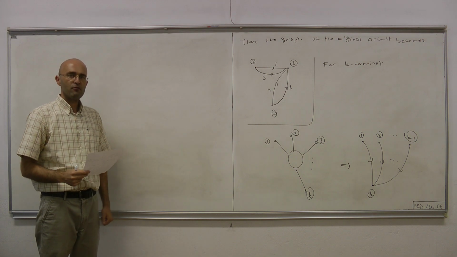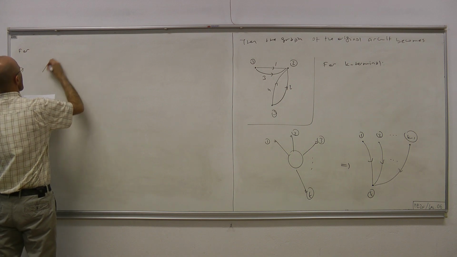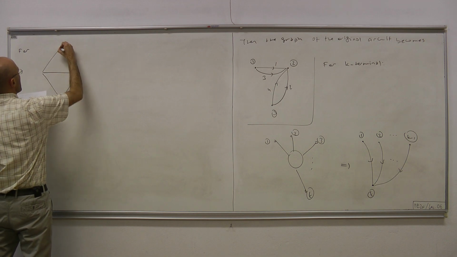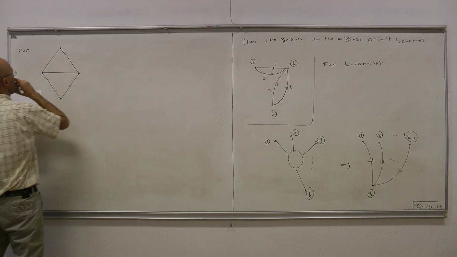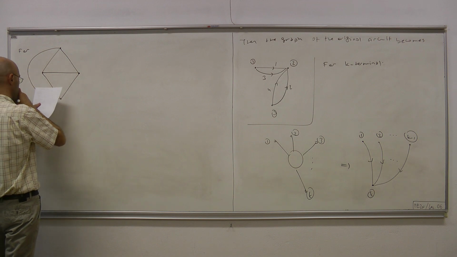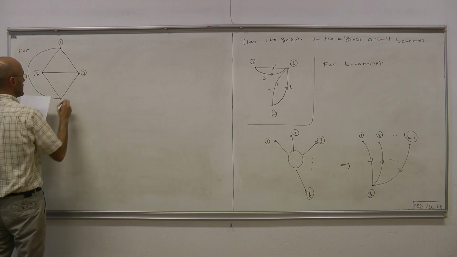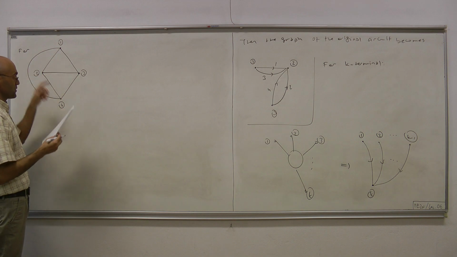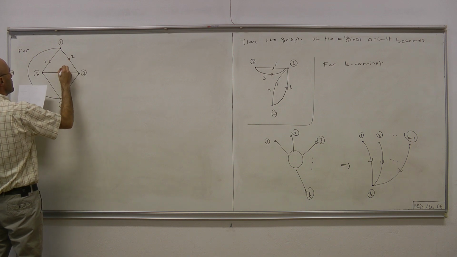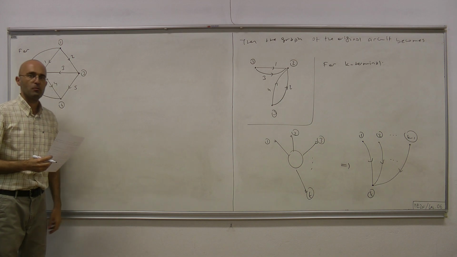Let's return to the very first example, which was for this graph with 4 nodes and 6 branches. Okay, and this was the labeling 2, 3, 4. We had 4 nodes labeled as such, and we had 1, 2, 3, 4, 5, and this was the 6th branch.